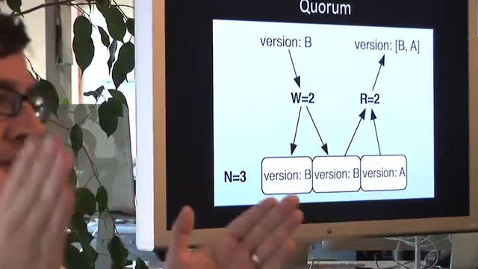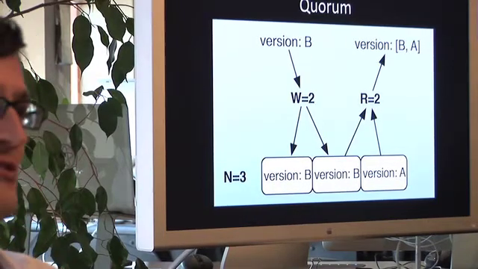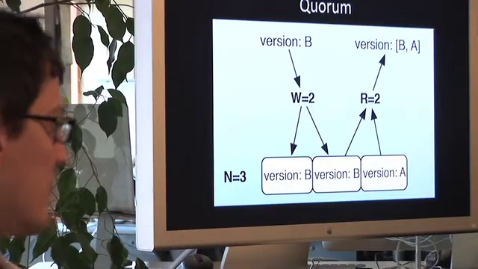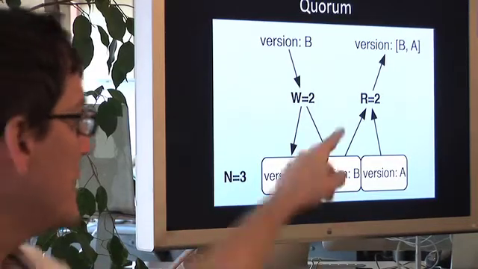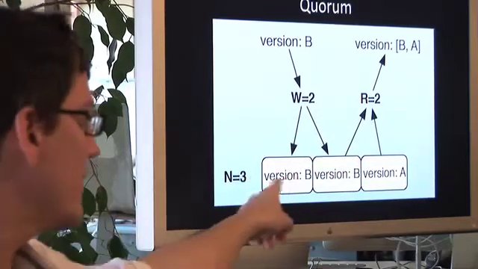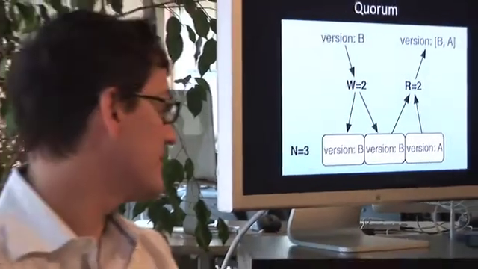A quorum is the number of nodes you have divided by 2 plus 1. So in this case, with 3, quorum is 2. Write quorum, read quorum. You're going to get both values back, and then you know that this one was written afterwards, so it's the most recent version.